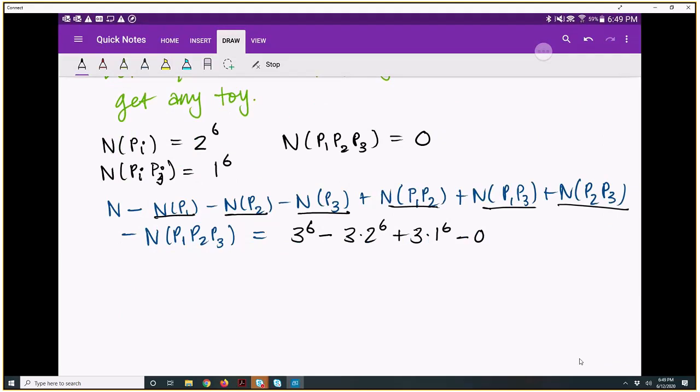So 3 to the power 6, I think, is 729, minus 3 times 2 to the power 6 is 192, and then plus 3, and that should give us 540 ways that we can distribute 6 toys amongst 3 children while ensuring that all of the children get at least 1 toy.